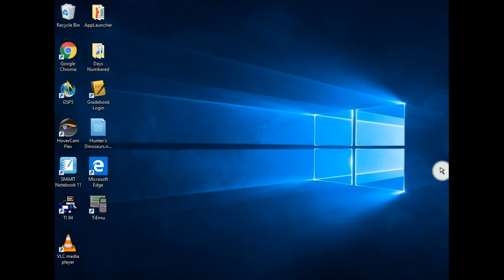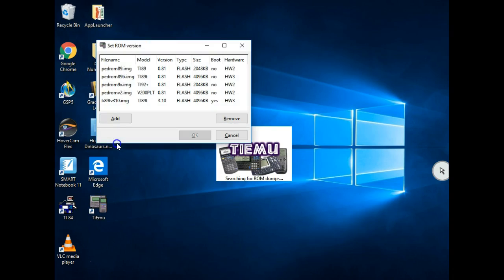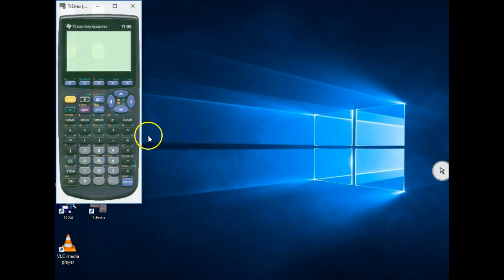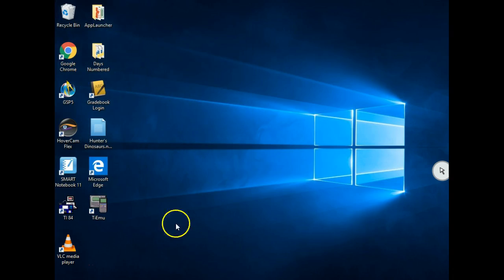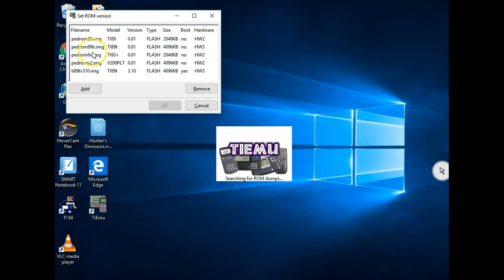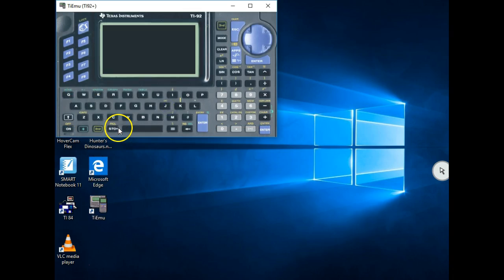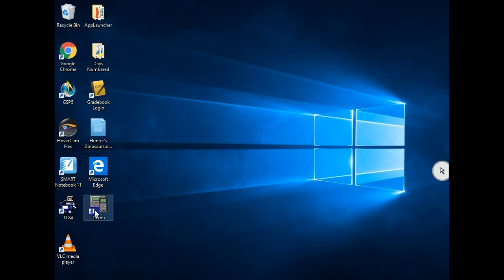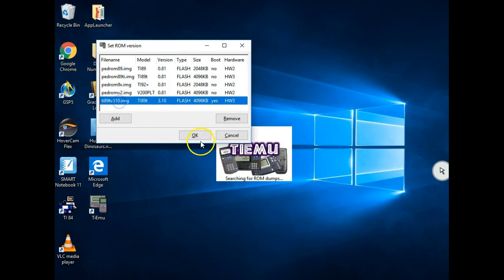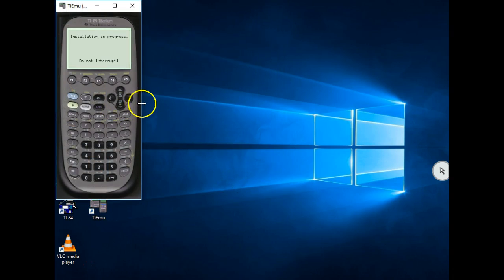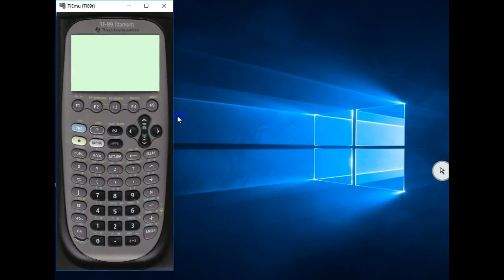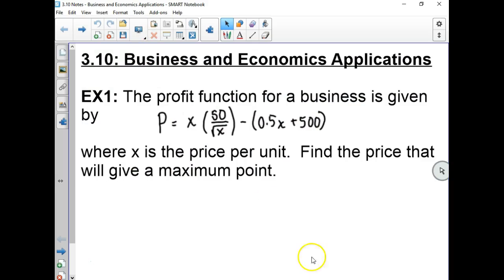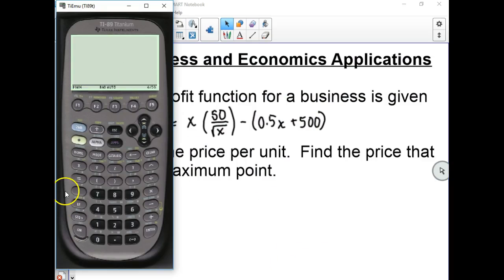Do not want that one. Just use this one, but it's messing up. Let's see if it'll work now. Okay. All right, let's see if I can get it to work now.